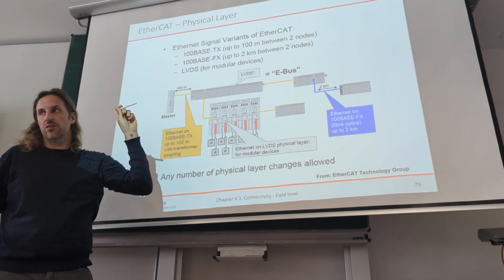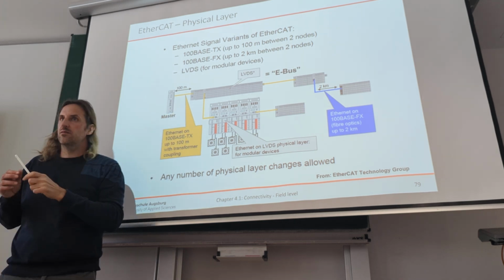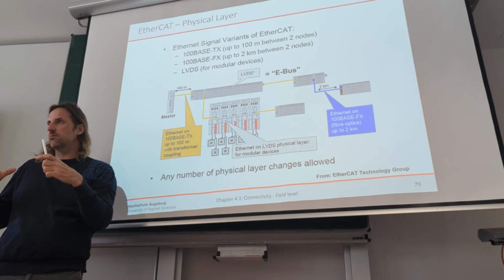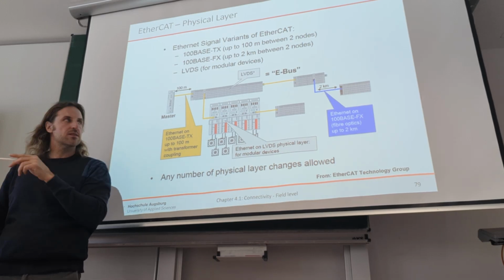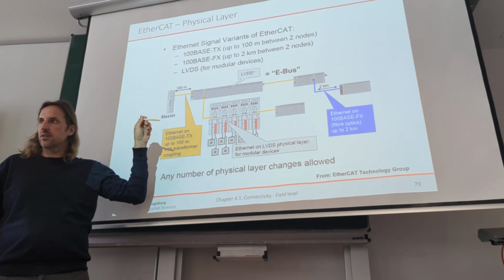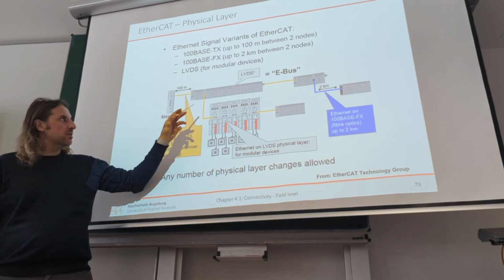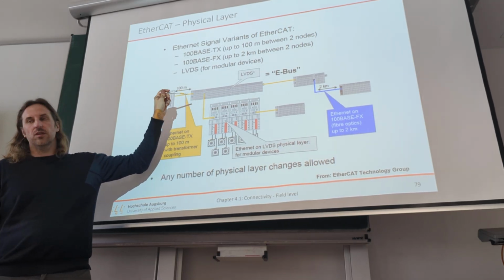And the interesting thing is that they got so far that, I don't know if you saw the I/O of the EtherCAT, these single terminals, and each of these single terminals on the back is actually an EtherCAT device. So they use low voltage differential signals on the back.